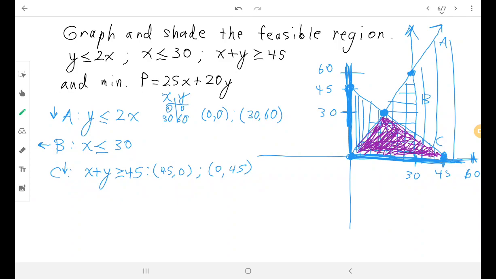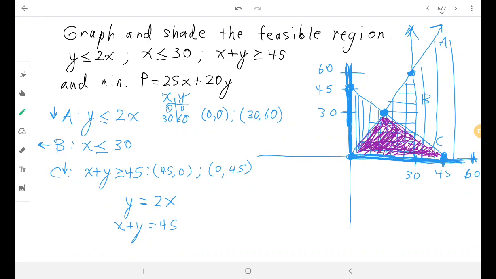But what we do know is that that spot right there is the intersection of A and C. And so what you would do is say, okay, let's have y equals 2x and x plus y equals 45, and you would set this up as a system of equations and solve that system, and the answer would give you the intersection.